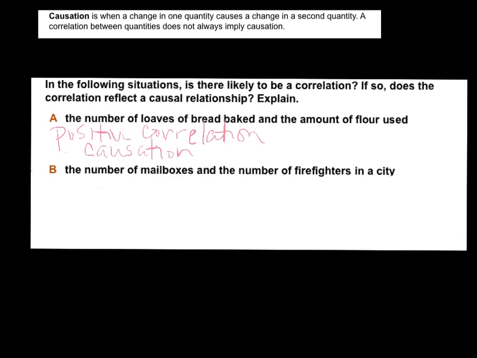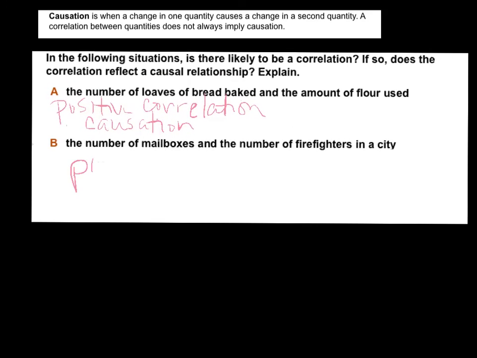So this would make this a positive correlation. Okay, you could also argue a different way, where maybe there's no mailboxes. Okay, everyone goes to a post office box or something like that. So it changes. So again, as long as you state your reason, you're going to be okay here.